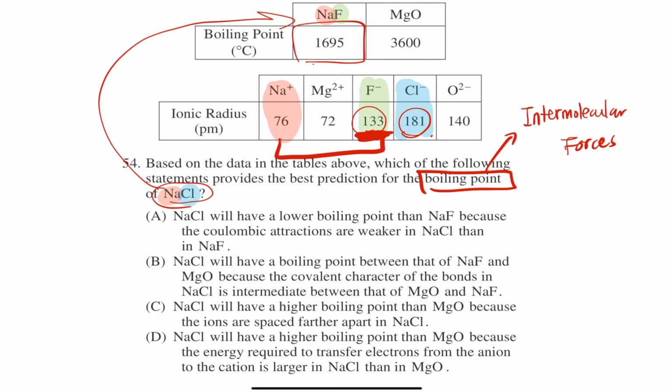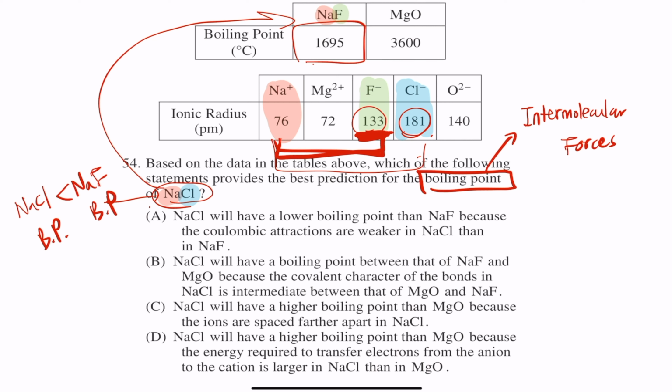So this is probably going to be the stronger version, the sodium fluoride, that's going to be stronger than the sodium chloride. So long story short, sodium chloride should be a little bit weaker than the sodium fluoride in terms of the intermolecular forces, and therefore the boiling point of sodium chloride better also be lower than sodium fluoride.